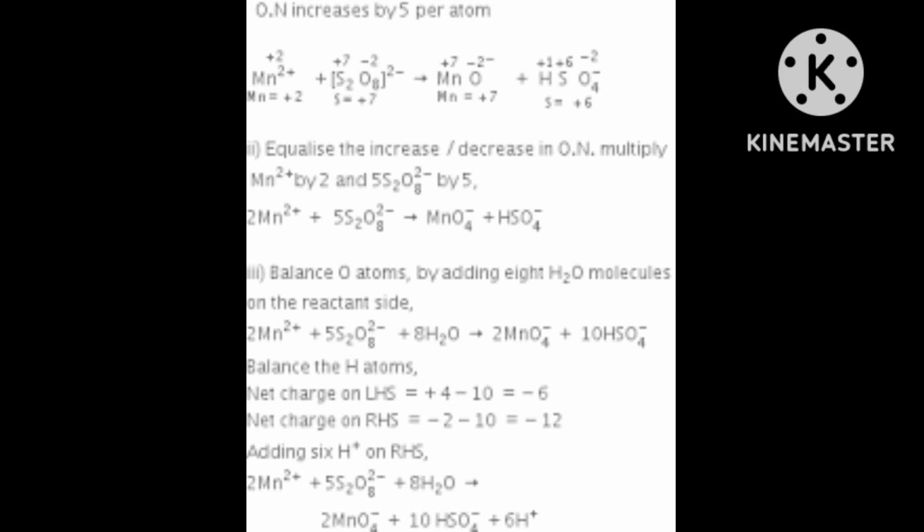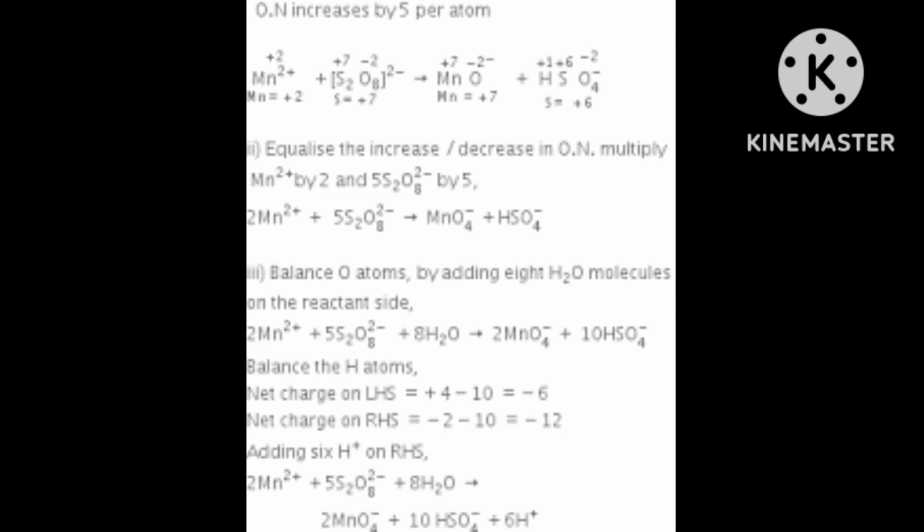Add 2 OH ions on the right side, because there is a difference of 2 negative charge, 13 and 11. You have already calculated, one side it was 13, the other side was 11. A difference of 2 was there.